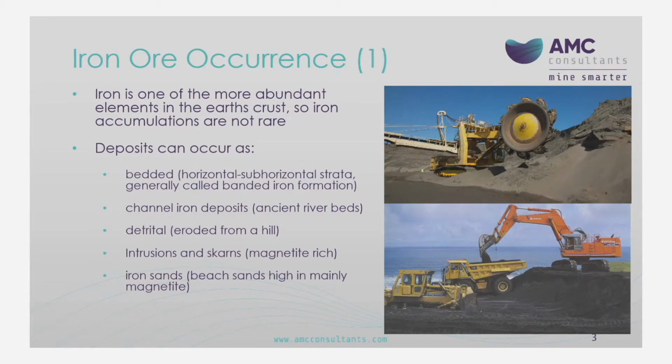underground. You get the banded iron formations, the major iron deposits in the Pilbara, in Australia and India, in South Africa, where you get, and we'll look at some pictures of those in a minute, hematite and silica banding together. From those, you get a lot of erosion, and you can get channel iron deposits.